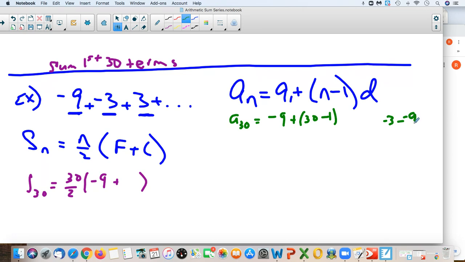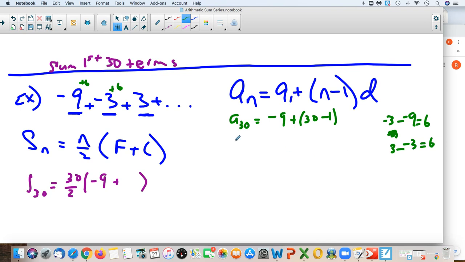Yes, it's two negative signs there. So that answer is going to be 6. If you try the positive 3, subtract the previous term, -3, you also get 6. And you can check it. If I add 6 to -9, you get -3. If you add 6 to this, you get 3.